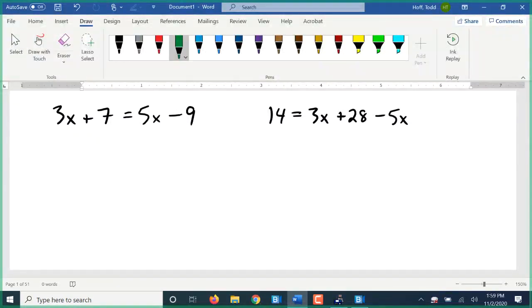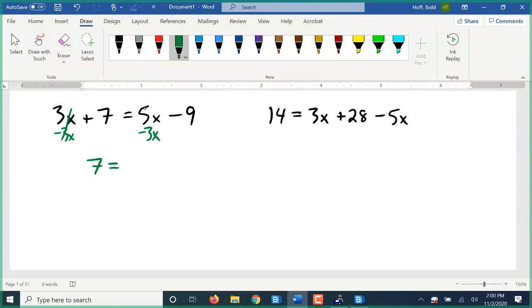So for the first one here, there's nothing to combine on either side, but there is a variable on both sides. So we need to get rid of one of them. The 3x is the smaller one, so we're going to subtract 3x. So I got to subtract 3x from the other side as well. So on the left side, I just have 7.